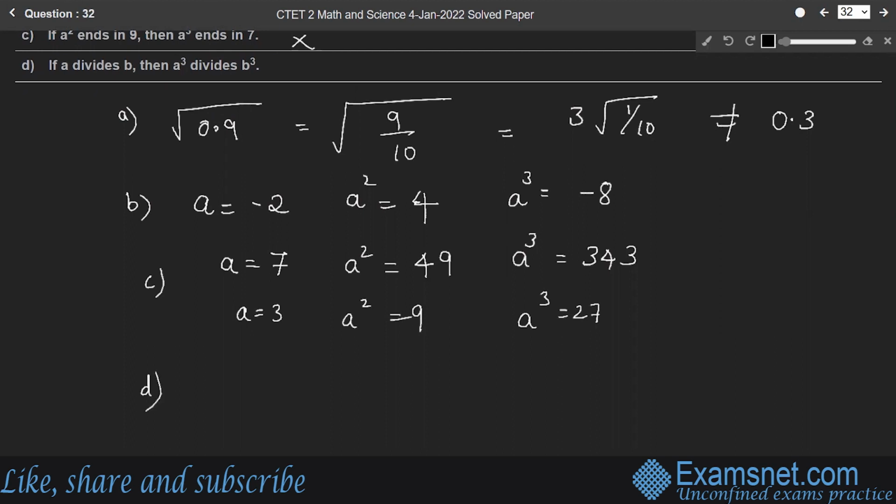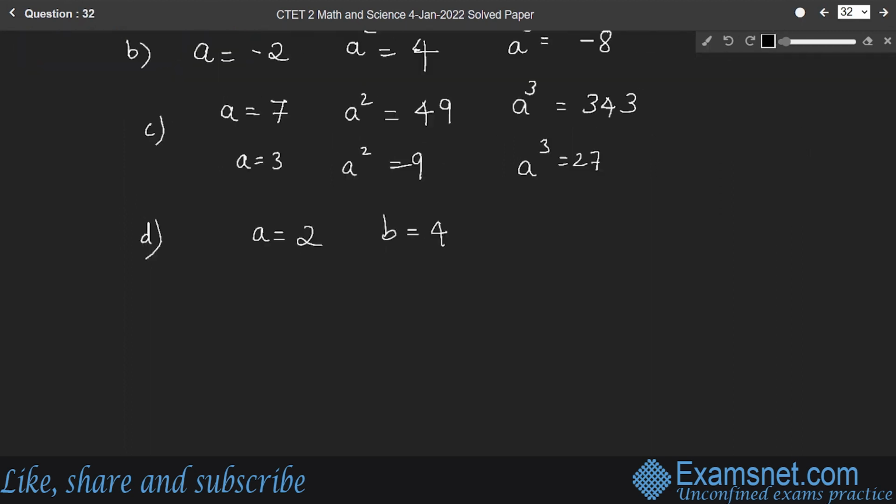Option D, if a divides b, then a cube divides b cube. Say for example, let a is equal to 2, b is equal to 4, right? If a divides b, that means b by a is equal to 4 by 2, which is 2. So the remainder is 0.